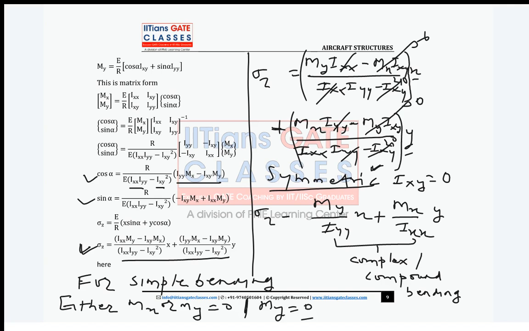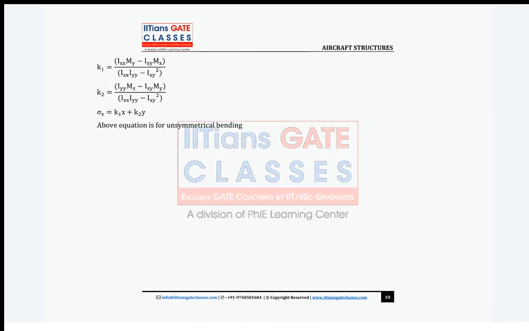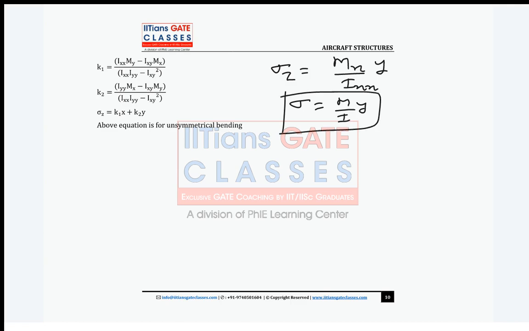Okay, so that means in case of simple bending, your formula sigma z is Mx upon Ixx into y. This formula is nothing but what you all know, right? Sigma equal to M upon I into y. Now, guys, you all know this formula blindly, yes or no?